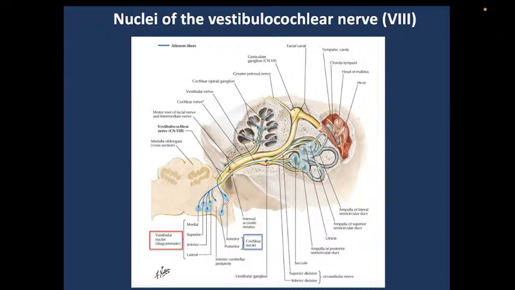The cochlear nerve ends in the cochlear nuclei. Usually there are two nuclei, anterior and posterior cochlear nuclei, but the vestibular nerve ends in four nuclei. We call them vestibular nuclei, and there are medial, superior, inferior and lateral vestibular nuclei.